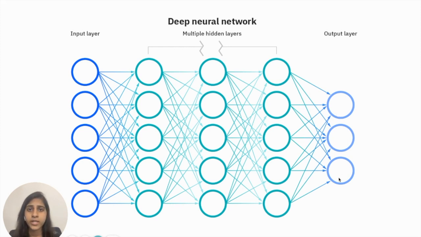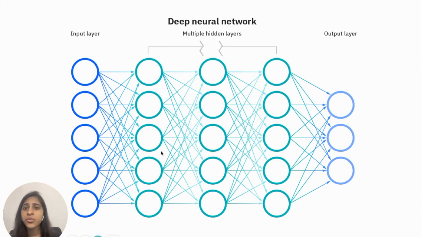The output layer predicts the final outcome that you get from the input layer. But then there's something missing, and those are the hidden layers. The hidden layers are the layers that are actually performing the computations that take the input layer to the output layer. And if you have more than one hidden layer, it means that your neural network is deep.